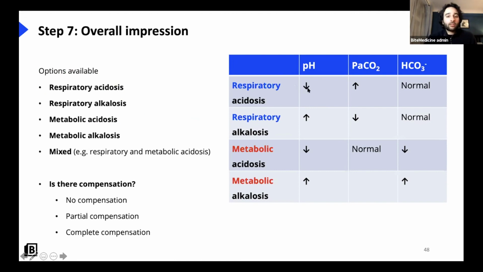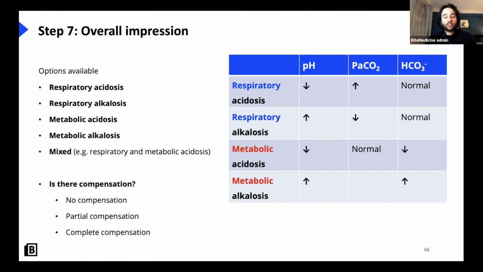If you're thinking, could metabolic be my primary problem in this patient who's acidotic? Well, if their bicarbonate is low and their pH is low, then certainly that could be the primary problem. But if their pH is low and their bicarbonate is high and the PaCO2 is high, then that's going to be a compensatory reaction.